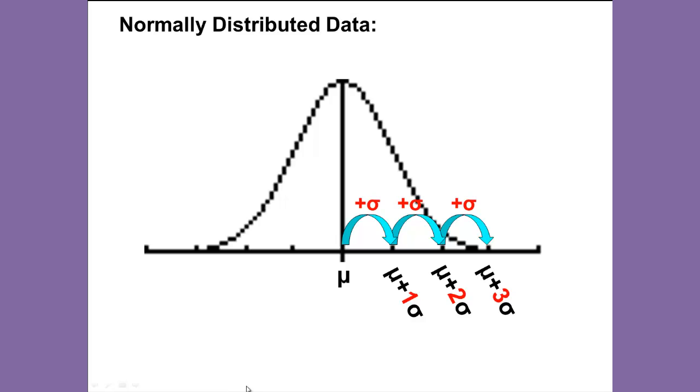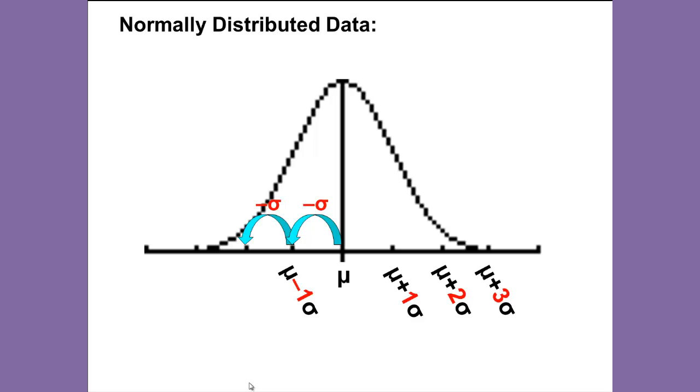We can also move toward the left by going below the mean. And to move below the mean, we would subtract our standard deviation. When we subtract our standard deviation, that would be the mean minus 1 standard deviation, or mu minus 1 sigma.